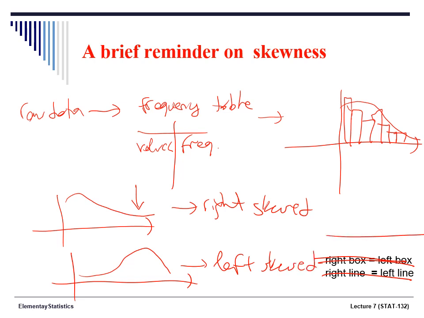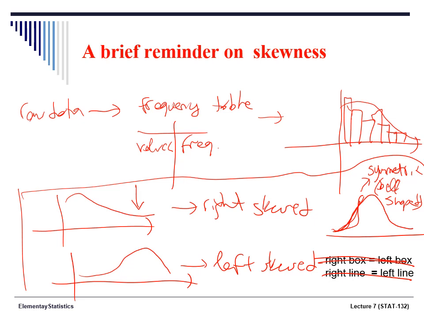And if we have this case here, we call it symmetric data or symmetric distribution, or bell-shaped. So there are 3 types of skewness we have seen. The data doesn't have to be this way, but the most general types are right skewed, left skewed, and symmetric. Now, then we can start the box plots.